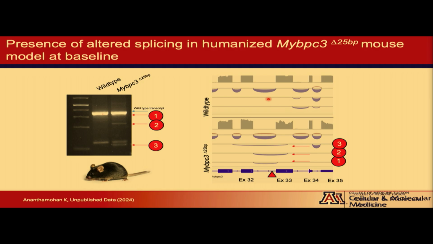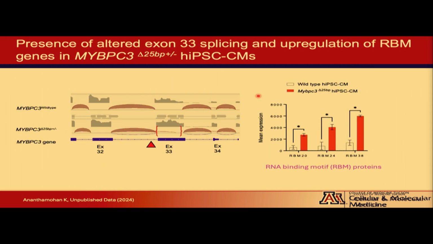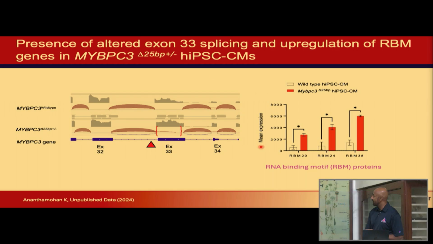This is an RNA-seq. You can see all the potential splicing that occurs with the 25 base pair deletion, and here we have the normal splicing. So definitely the 25 base pair deletion causes altered splicing. We also looked at the expression of RNA binding motif proteins.